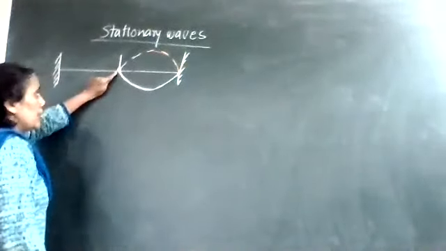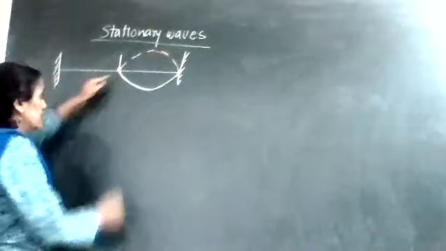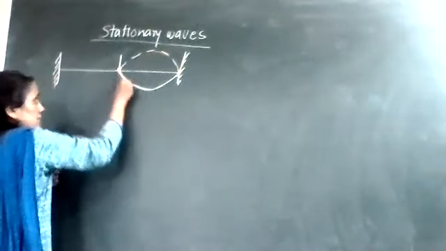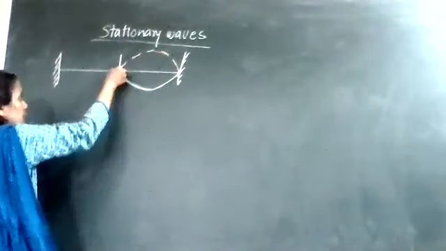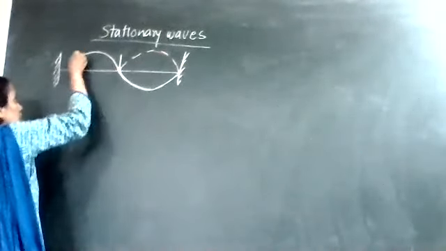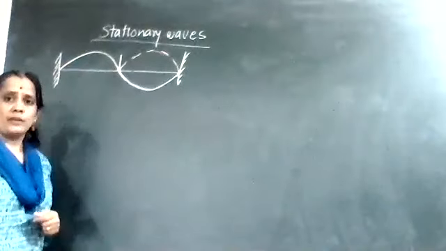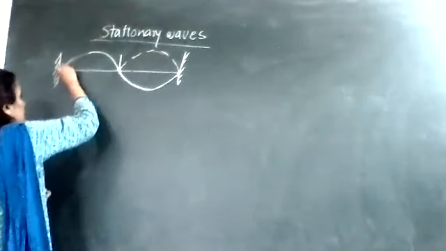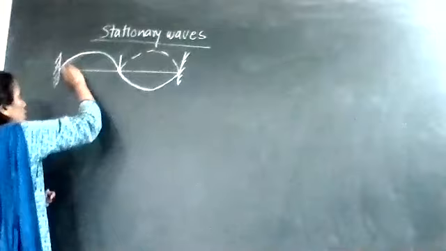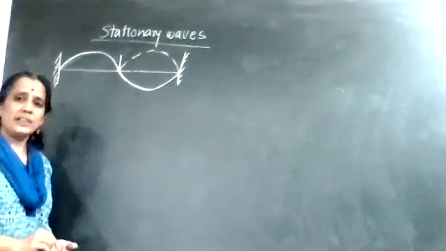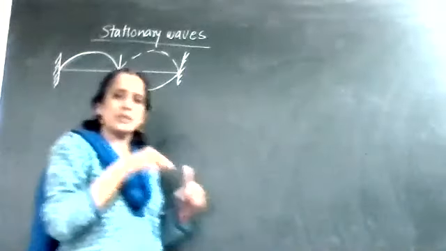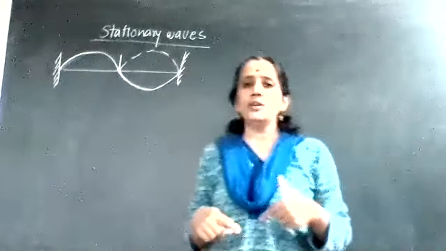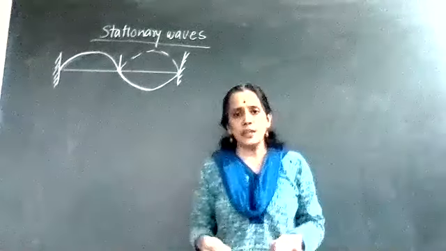And here I am getting the ending of the crest point. At the same time, as the trough travels towards the right-hand side, at the left-hand side of the string the crest will get set up. So now what will happen here? The crest is incident on this rigid wall, and again you have to use the concept of reflection of a transverse wave from the denser medium.